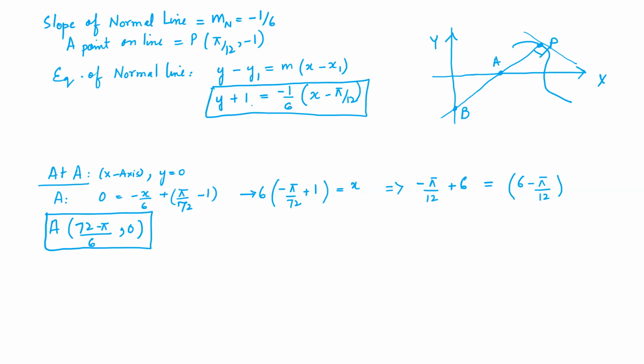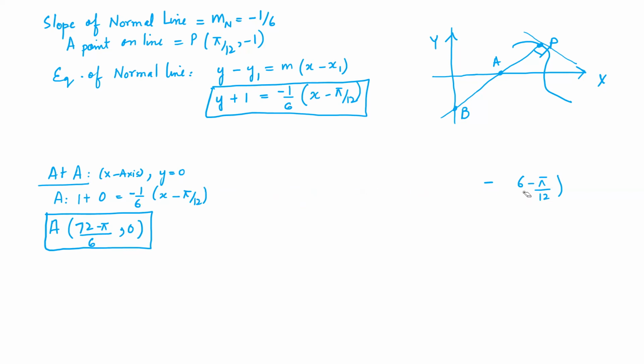So at point A, we have y is equal to 0, since it is an x-axis, we are good. So y plus 1 is equal to minus 1 by 6, x minus pi by 12. This is what we get.